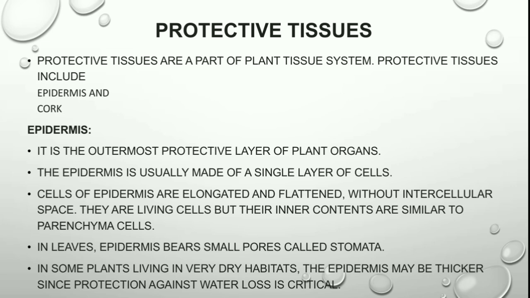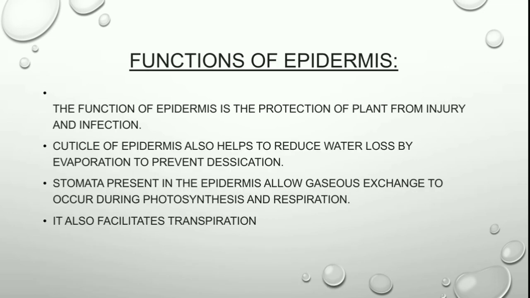In desert plants, epidermis has a thick waxy coating of cutin. This cutin has a waterproof quality to avoid loss of water. In some plants living in very dry habitats, the epidermis may be thicker for protection against loss of water.